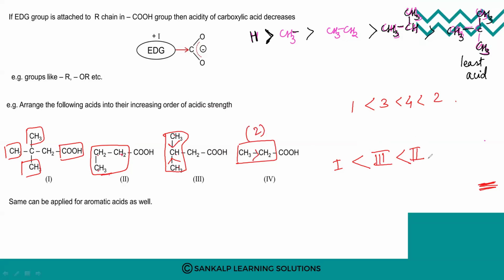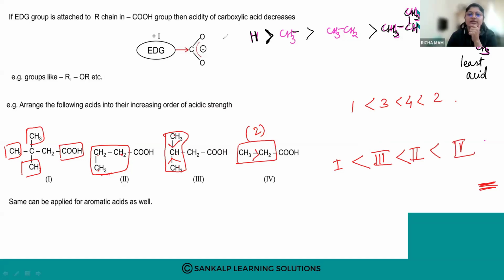So it will be second, and then fourth. Very good. So this is the arrangement of the acidic strength. It will be applied to aromatic carboxylic acids also.